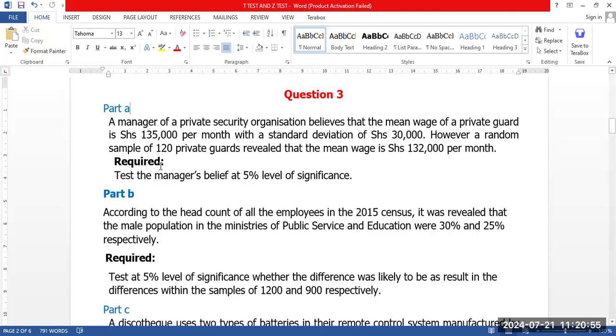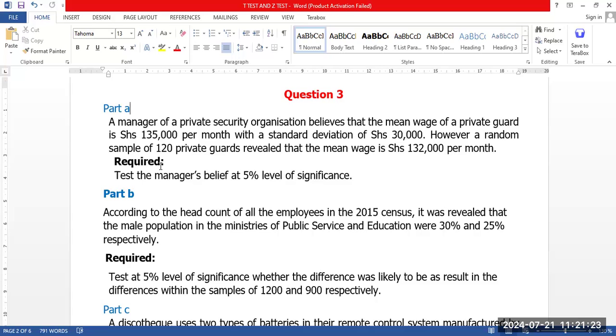So this question is totally different from the first one. It's totally different from computing the confidence interval. Here you will need, as you test, we always need the computed value.